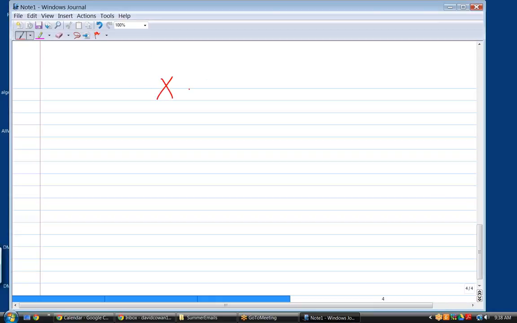All right, let's do a little algebra. What's the square root of x equal to? I don't know. Well, I got the square root of x by taking the square root of both sides.